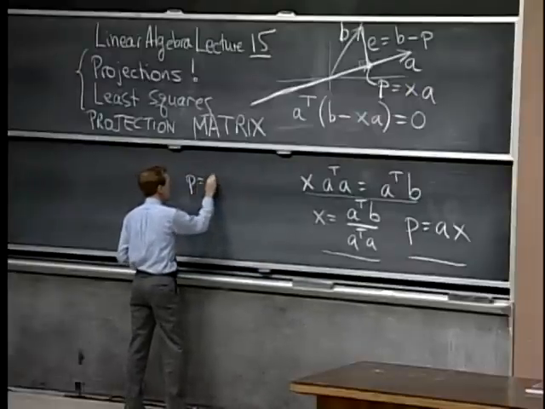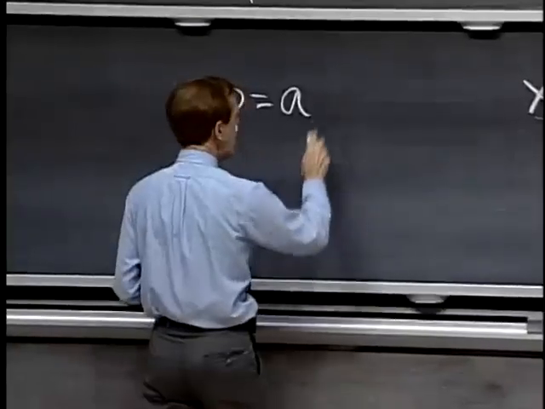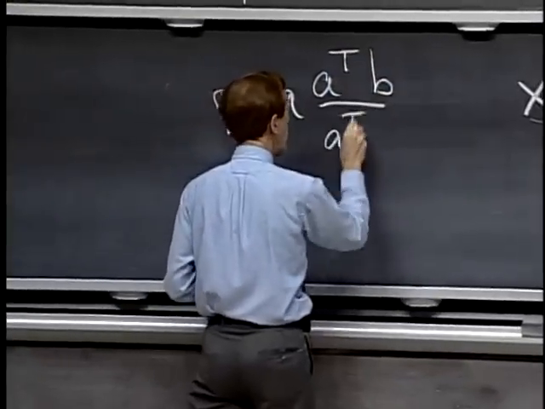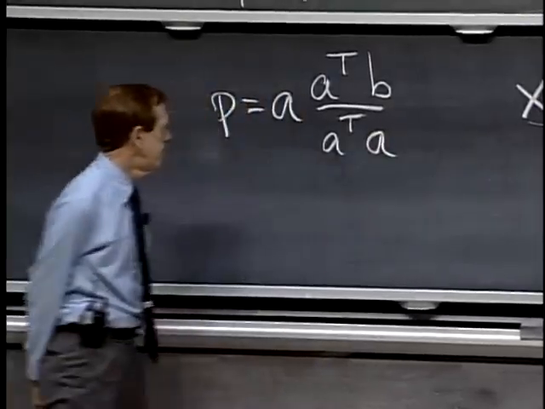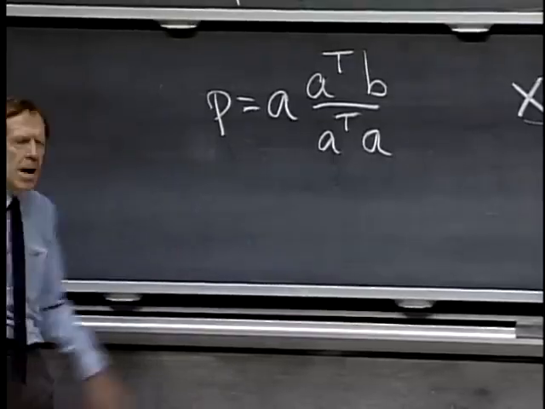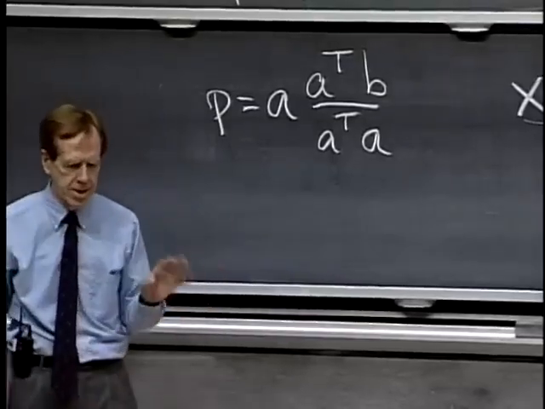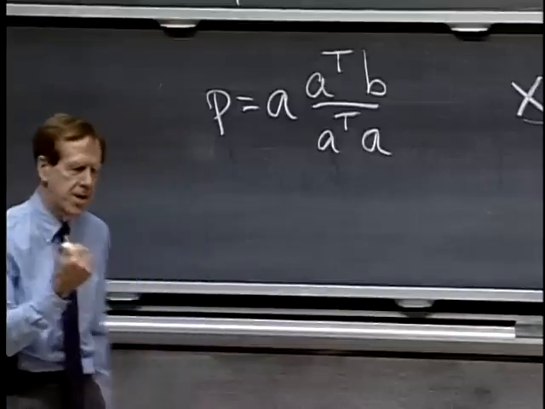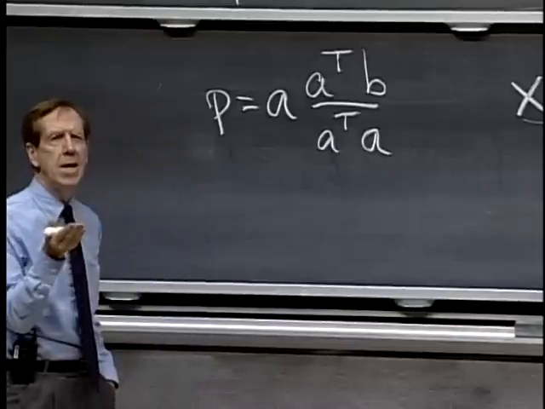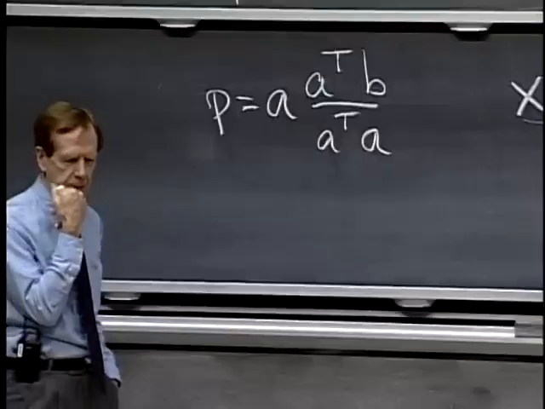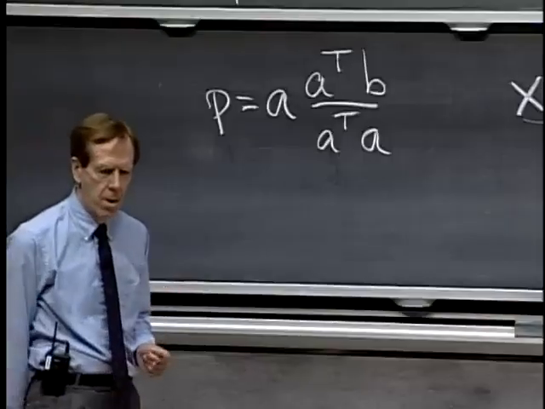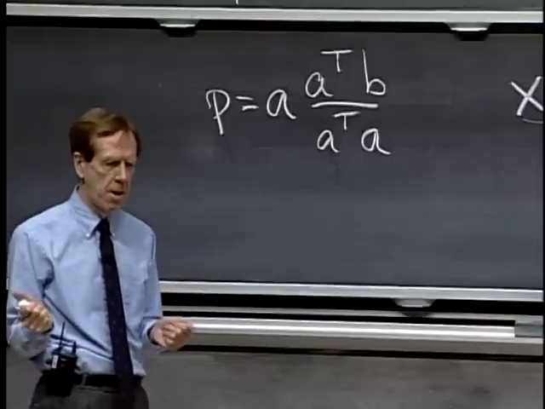P is A times this neat number, A transpose B over A transpose A. That's our projection. Can I ask a couple of questions about it, just while we digest that formula? Suppose B is doubled. Suppose I change B to 2B. What happens to the projection?